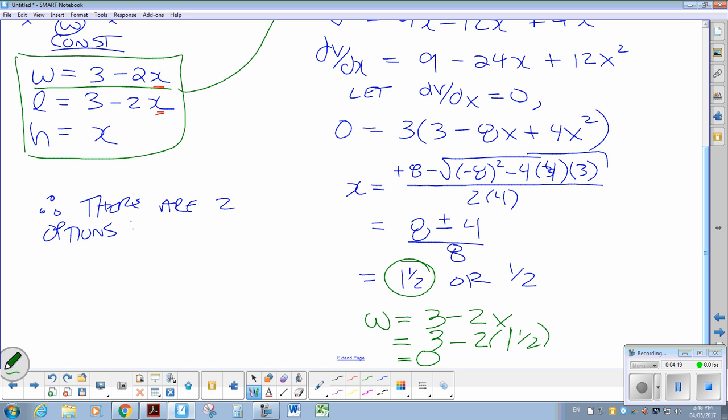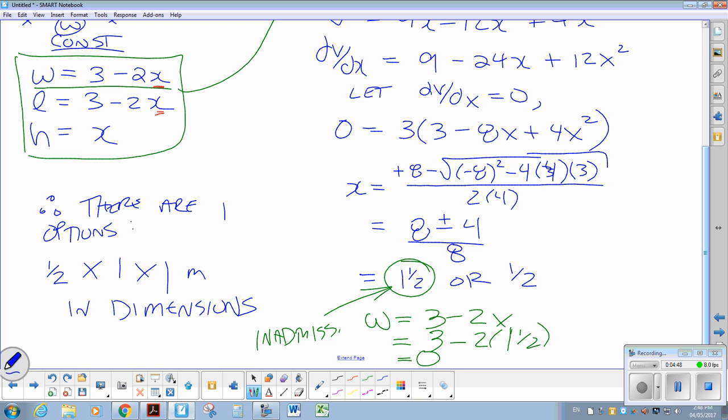Obviously, this is inadmissible then. So if one of your solutions gives you an answer that doesn't make sense, it means that it's inadmissible. So that means there's only one possible option, and that is a box that's 1/2 by 1 by 1 meters in dimensions. All right.